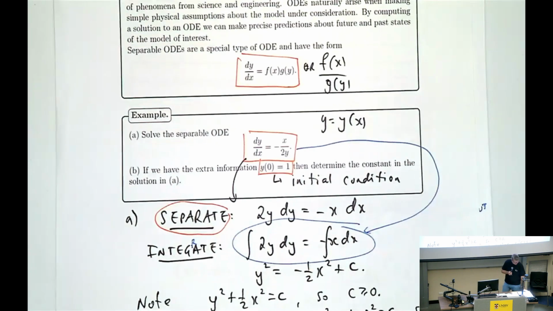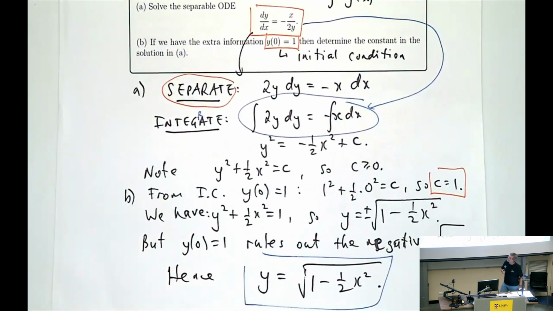Now, sometimes it's an easy process. Sometimes it's a little bit of fiddling around with constants and initial values and stuff like that. In this question, we're told y of 0 equals 1, and we can use that to understand a little bit more about which parts are relevant and which parts are not.